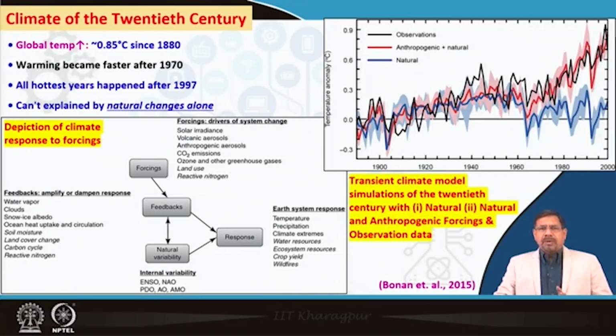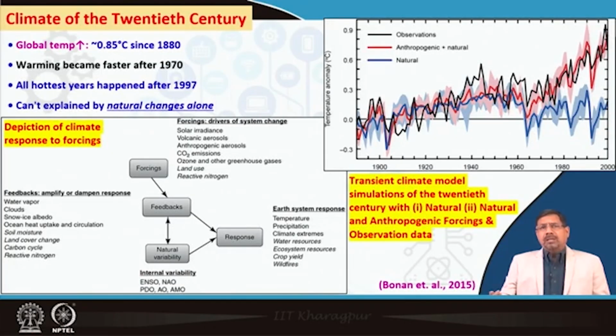So this can be a perfect base period to compare the temperature rise. Since then, perhaps more than 1.23 degrees centigrade temperature has risen till last year or approximately till today. So global warming is happening, the average temperature of the earth is rising, and it has already risen by 1.23, as I just mentioned. Now warming became faster after 1970.